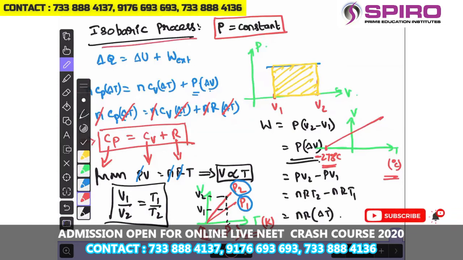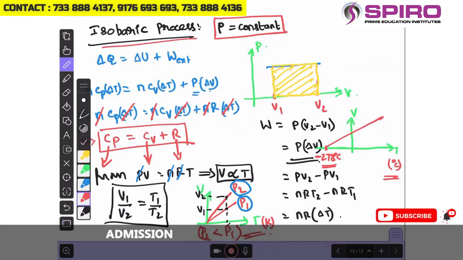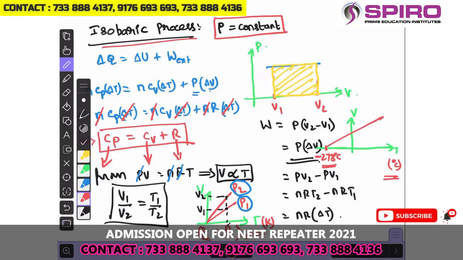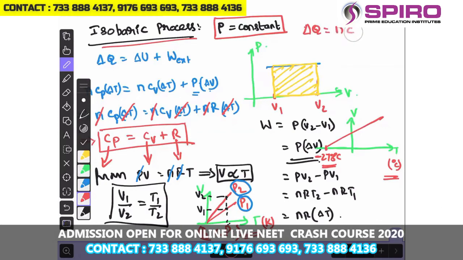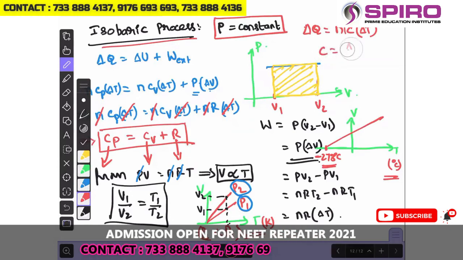And so far as the specific heat is concerned, what is the specific heat? To get the specific heat, you have to take delta Q equal to m c delta T, where m is the mass of the gas and c is the specific heat. Specific heat is delta Q divided by m delta T. And what is the delta Q?